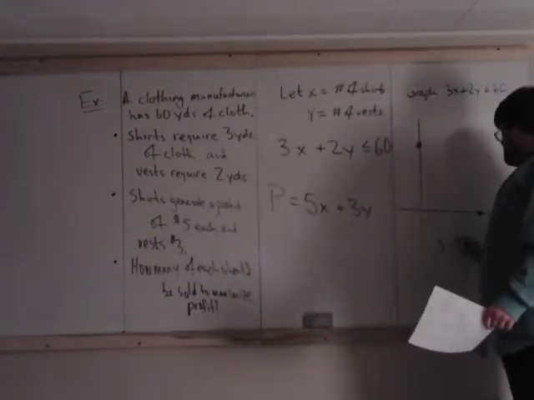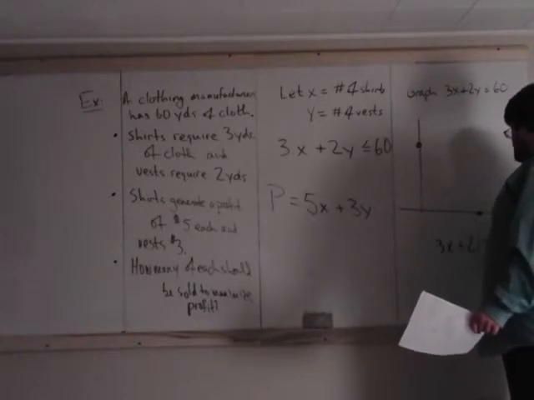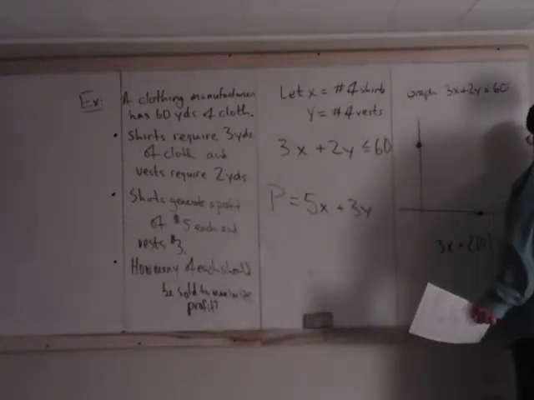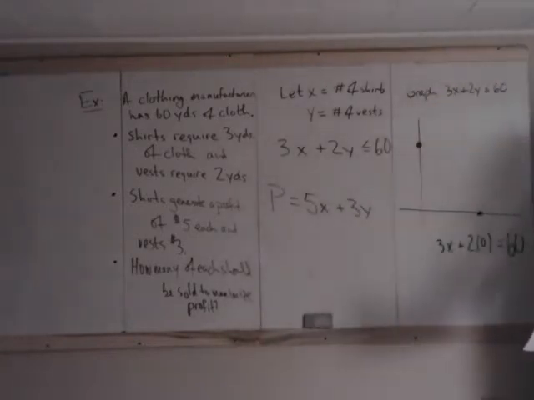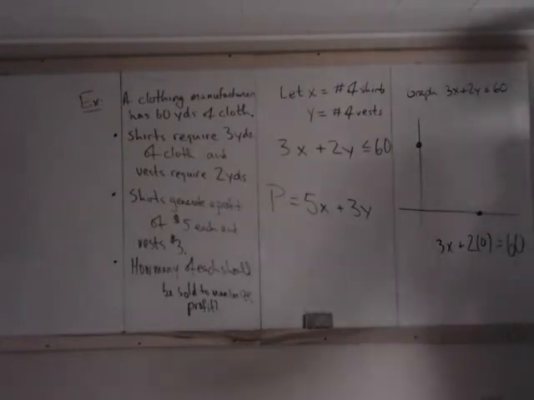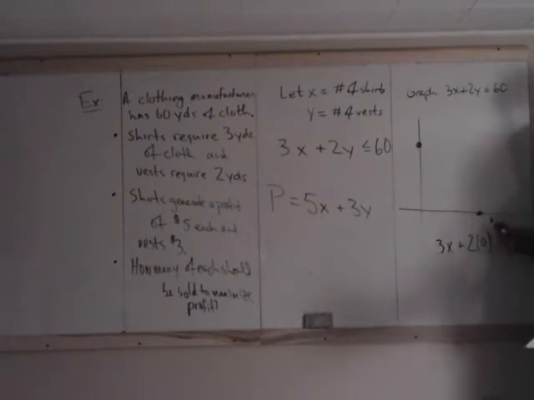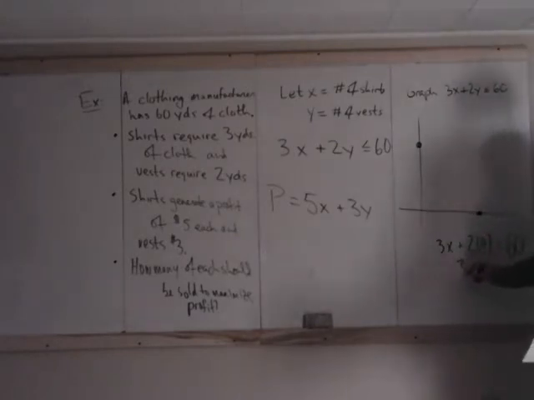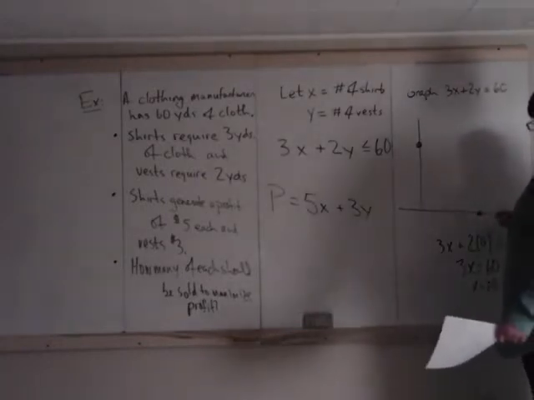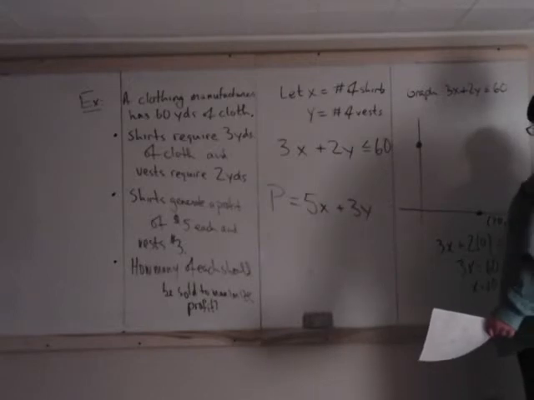So 3x plus 2 times 0 equals 60. To graph an inequality, we'll first graph the equal sign and then interpret the inequality. So for the x-intercept, let y equal 0. So you get 3x equals 60. So x equals 20. So this point over here is (20, 0).